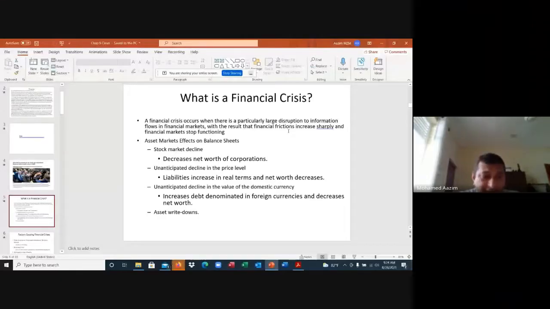Then at the same time, your domestic currency value declines. Currency depreciates. You have already built your obligations, let's say in foreign currency. You have borrowed from abroad. So you have $1 million of obligations. At 200 rupees per dollar, a 1 million obligation means 200 million rupees of obligations.